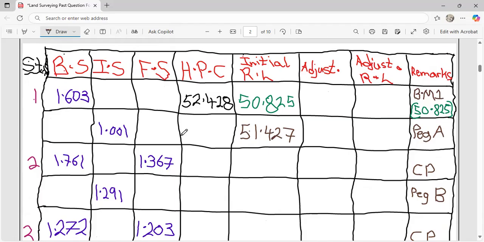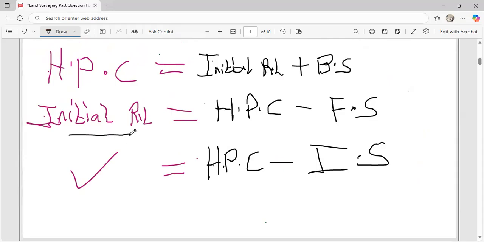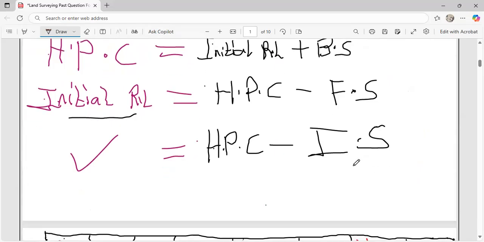Over here, there is no backside. In the next row, there is no backside. So what does that imply? That implies that we are not going to calculate any HPC over here, but rather, to fill the next initial reduced level, we just have to subtract the foresight from the HPC. Just from the formula, we said to get the initial reduced level, we have to subtract the foresight from the HPC, or the intermediate sight from the HPC.